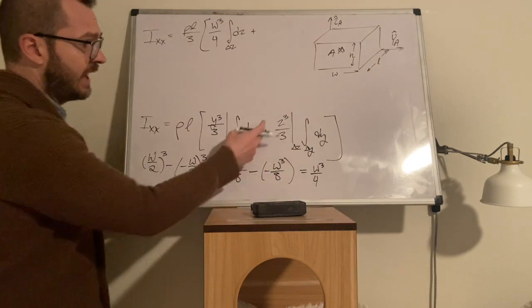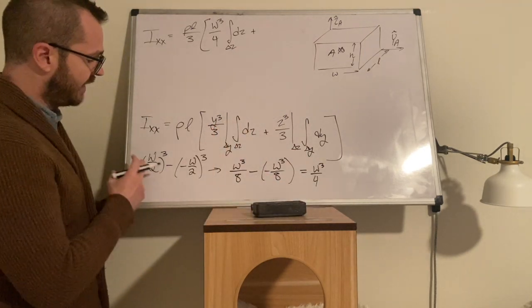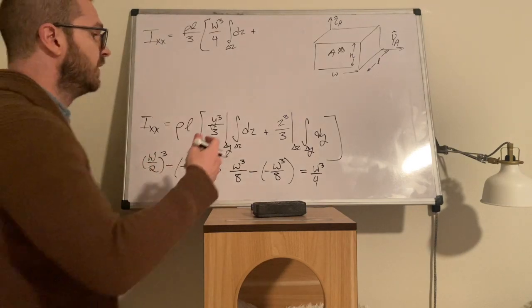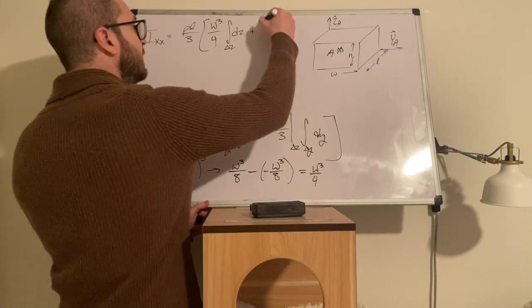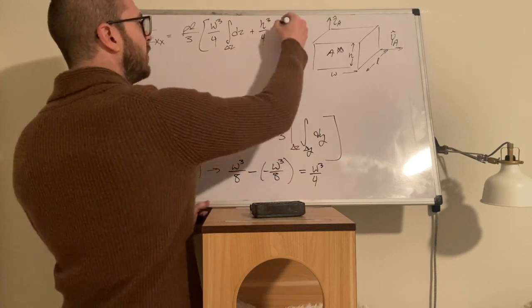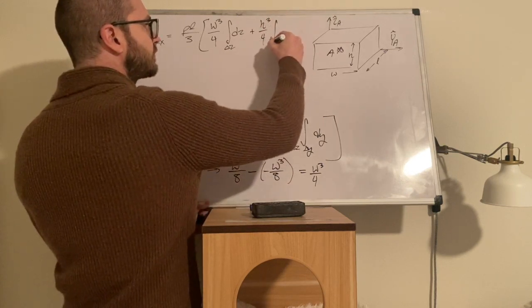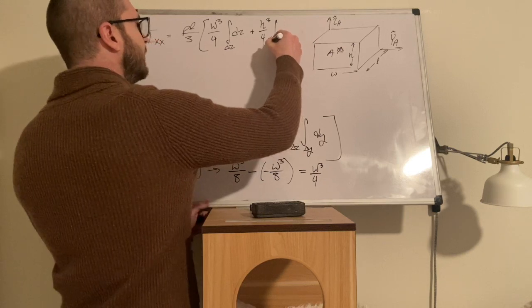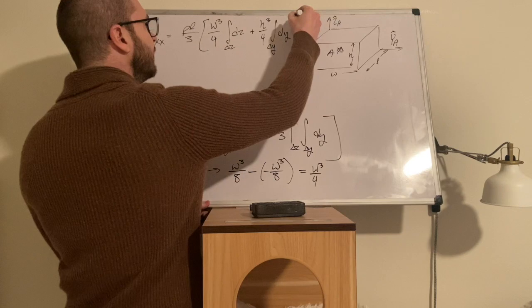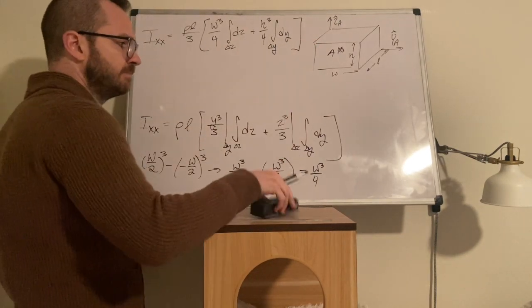Now, same thing's going to happen with the z cubed. We would have height over 2 cubed minus the negative height over 2 cubed. So we're going to get a similar form. We're going to get height cubed over 4, integral over the delta y, and then here's our dy. Okay.